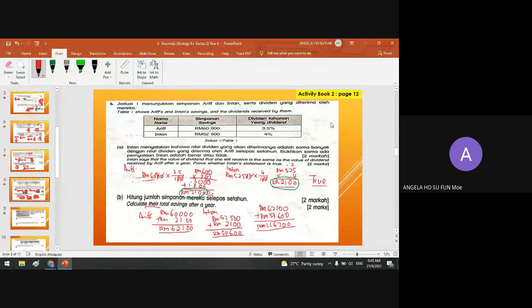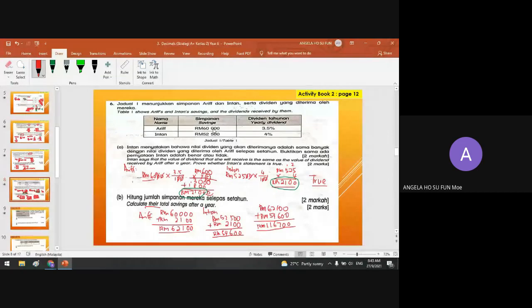You go and survey which bank can offer you better yearly dividend. Of course, even 0.5% makes a lot of difference. If your saving is a big amount, it will give you better reward, or your dividend, you get more. Even only 0.1% also, there is a difference. Saving, you must follow Arif because he saved a lot compared to Intan. But Intan is smarter because she knows where to get the higher yearly dividend offered by the bank.